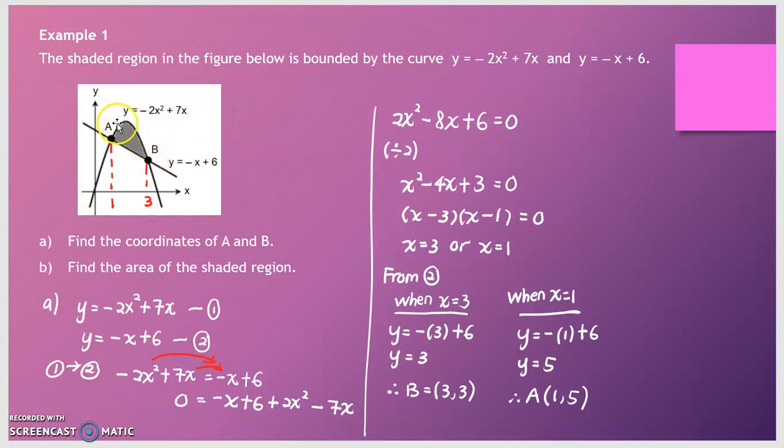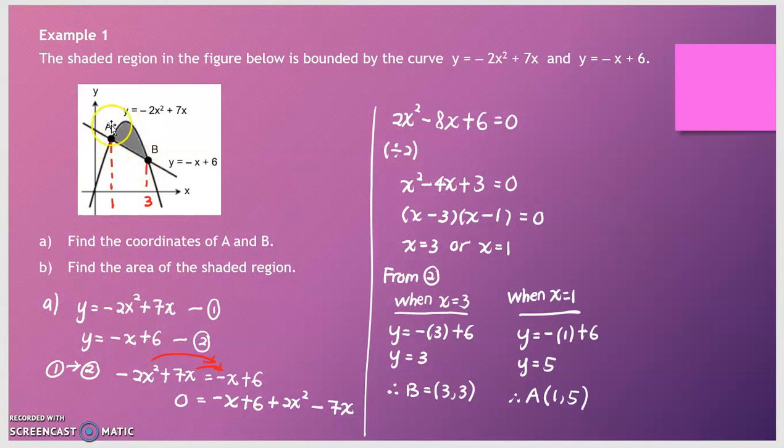So next here, the area of the shaded region is equal to the integration from 1 to 3. So this is the boundary. Upper function minus lower function.